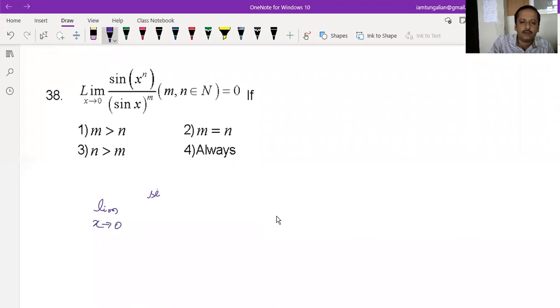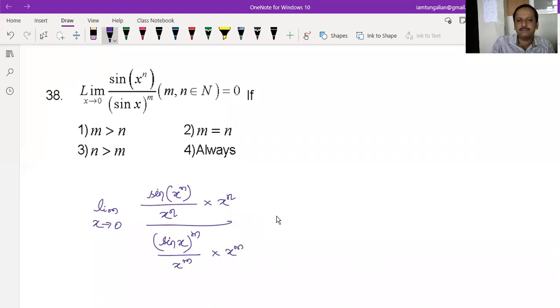So look here, we have sin x power n; I will divide this by x power n and multiply by x power n, divided by sin x whole power m; I'll divide by x power m and multiply by x power m.